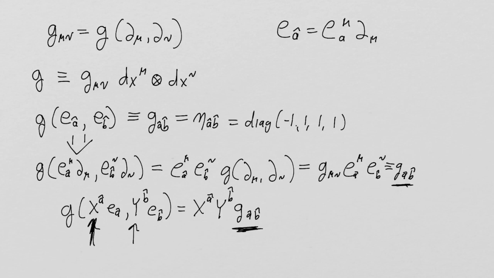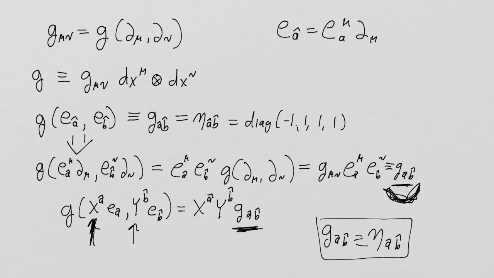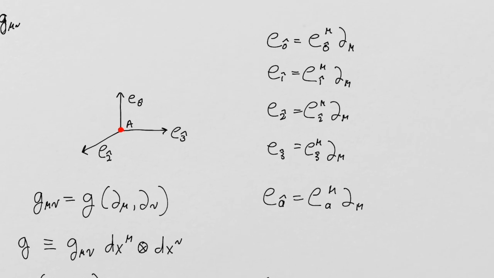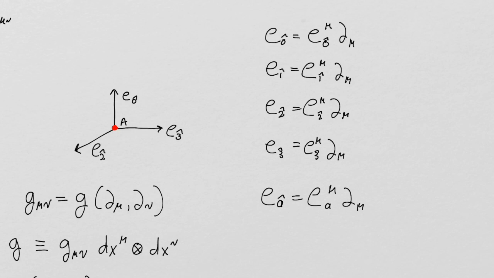The point is we have to design G A hat B hat so that it actually equals Minkowski A hat B hat. That's the point. So we choose these numbers here in order to eliminate the off-diagonal elements of the metric.